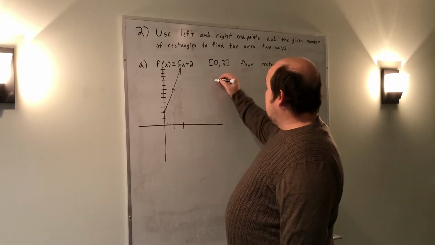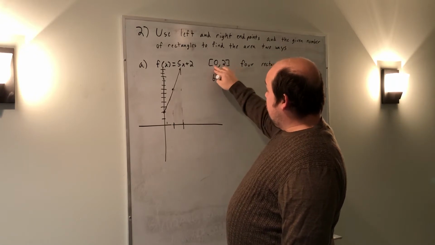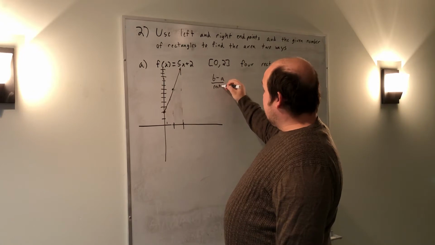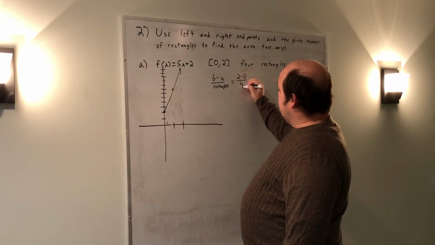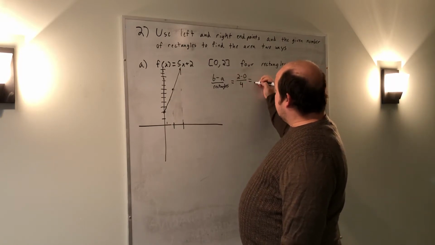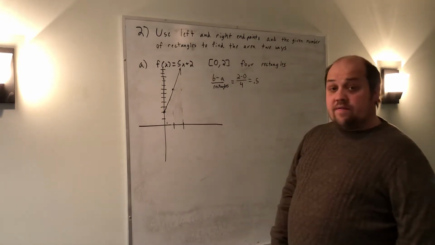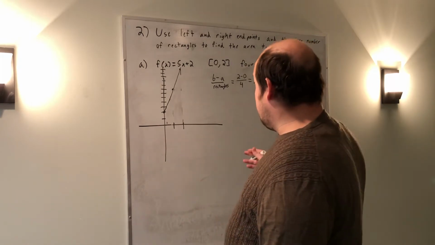So I'm going to take b minus a, in other words, the end of the interval minus the start of the interval, divided by rectangles. In this case, 2 minus 0 divided by 4 tells me that the base of each rectangle would be 2 over 4, or 0.5. So from my starting point, I have to move 0.5 each time.